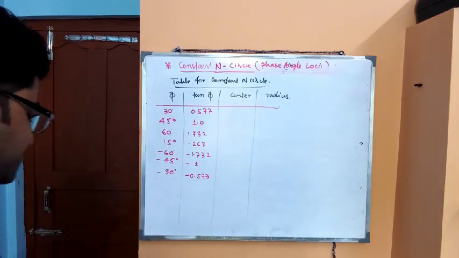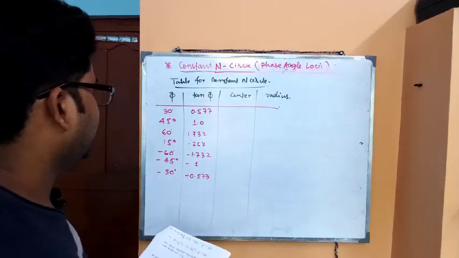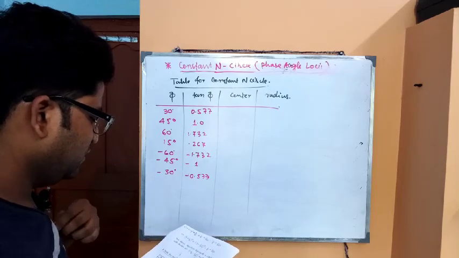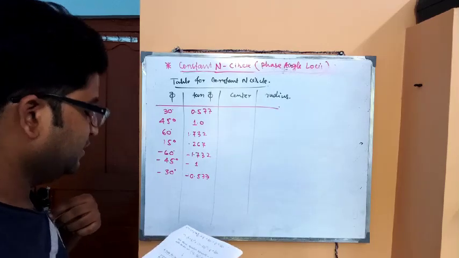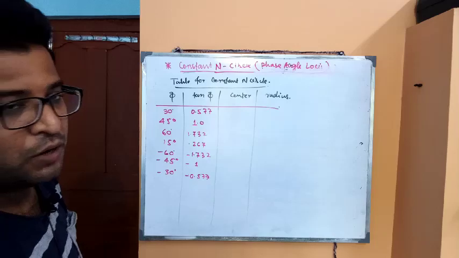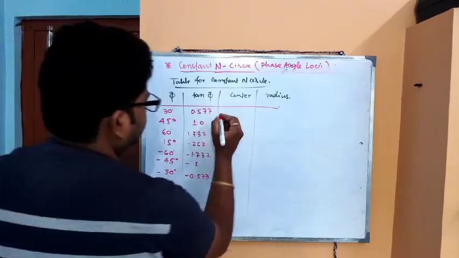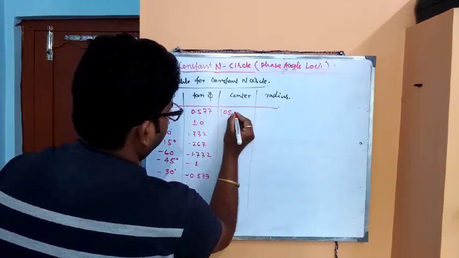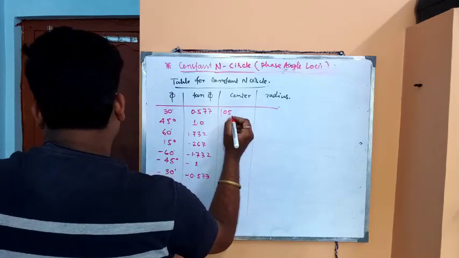Okay. So with respect to these values, we have the expression of center, that is 1 by 2 comma 1 by 2n. So the x coordinate of the center will always be 0.5. Only the y coordinate will change.